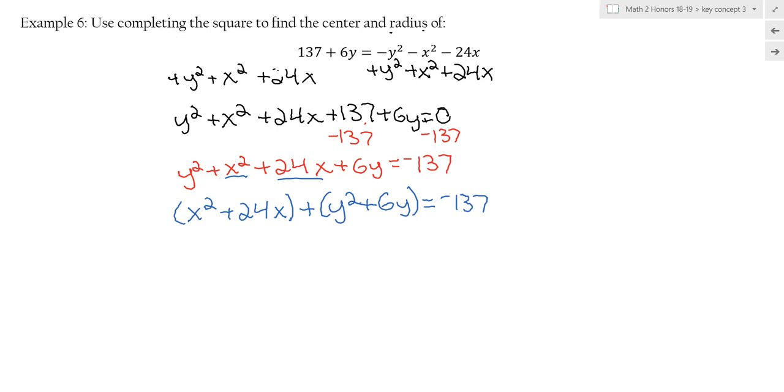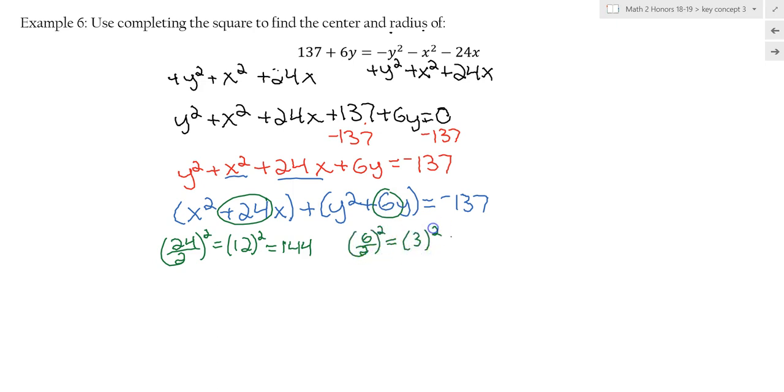Now we do our completing the square. I have a positive 24 here, so that's 24 divided by 2 squared, which equals 12 squared, which equals 144. Here I have 6, that's 6 over 2 squared, which equals 3 squared, which equals 9.